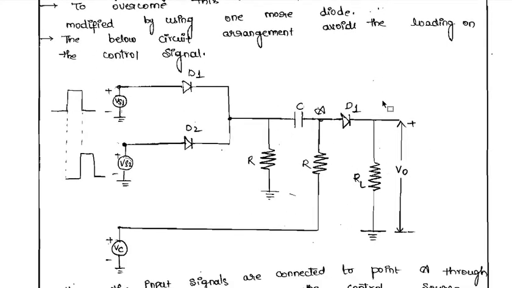So this is completely a different path. That's the reason that by using this kind of circuit diagram, or this kind of connections, you are able to remove the drawback that as the number of inputs increases, the loading on the control signal will be excessively high. So this is how you can overcome the drawbacks.